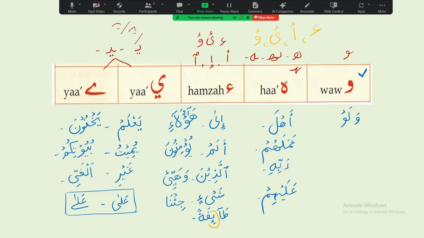So this is not Alif, but it is Hamza. This is not the Ya alphabet, but it is Hamza. This is not Wow, but again this is Hamza. How will we know this is Hamza? Because the little symbol of Hamza will be there on top or below it. And this is a very unique shape of Hamza that you will have to memorize yourself.